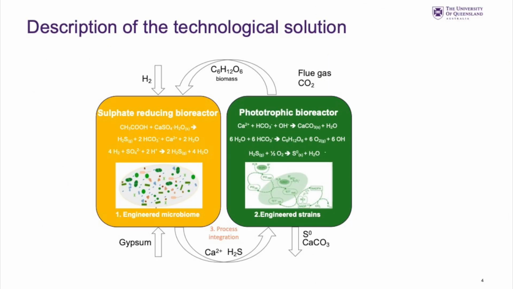So our research focuses on three critical gaps: mitigating H2S accumulation and minimizing cyanobacteria toxicity by using specialized cyanobacteria strains and also by engineering these cyanobacteria strains. The second one is optimizing electron donor availability by engineering a microbiome capable of performing autotrophic sulfur reduction and heterotrophic sulfur reduction.